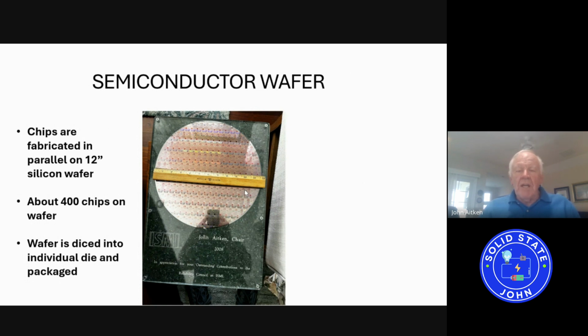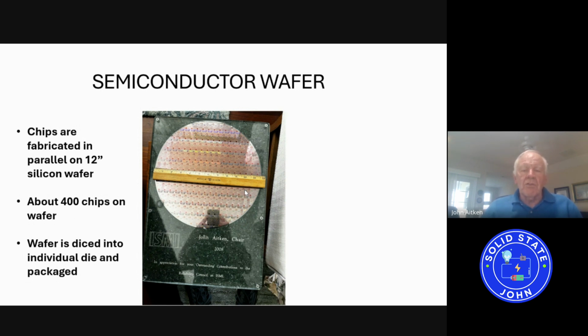Just to give you an idea of what these things look like, this is a picture of a semiconductor wafer, and on that semiconductor wafer you see shiny patterns of different colors.